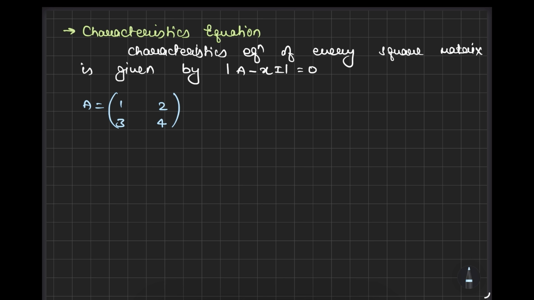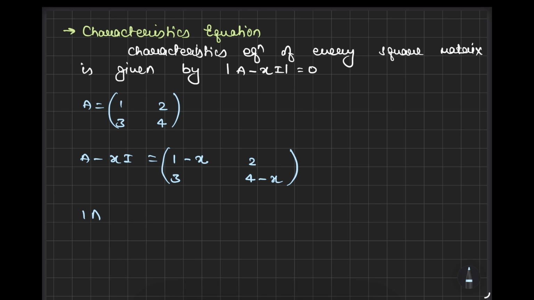So can I write A minus xI as 1 minus x and then 2 and then 3 and then 4 minus x? Just tell me, is this correct or wrong? We have multiplied x with the identity matrix and then subtracted, meaning you have to subtract elements from corresponding elements. Now we have to find out the determinant.